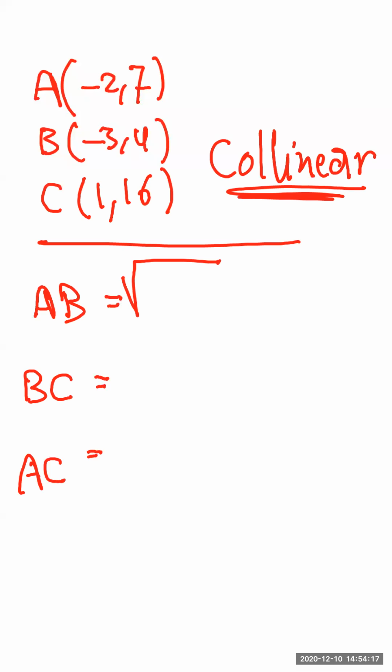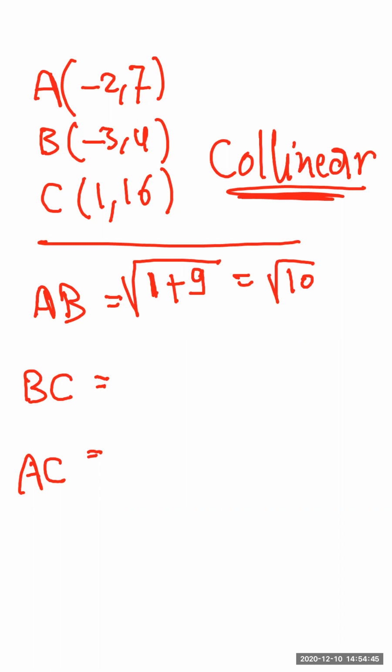AB will equal the square root of (-3 minus -2), so -3 plus 2, so negative 1. Negative 1 squared means 1. Plus (4 minus 7), negative 3 squared, so 9. So this one is equal to the square root of 10.